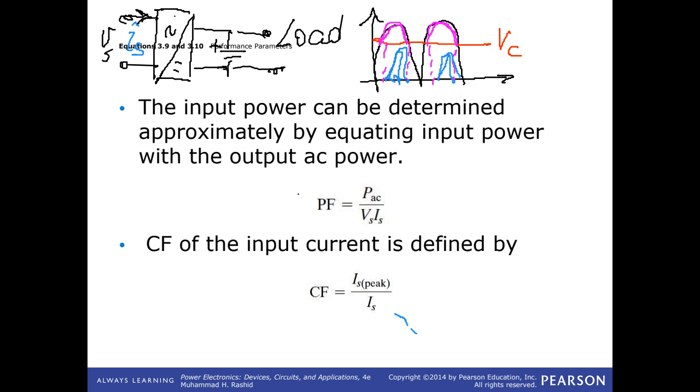I'll draw it below. Let this be pi and this be 2 pi, omega t, or on the time scale this is 10 milliseconds and that one is 20 milliseconds. The current waveform becomes like this, depending upon the value of the capacitor connected.